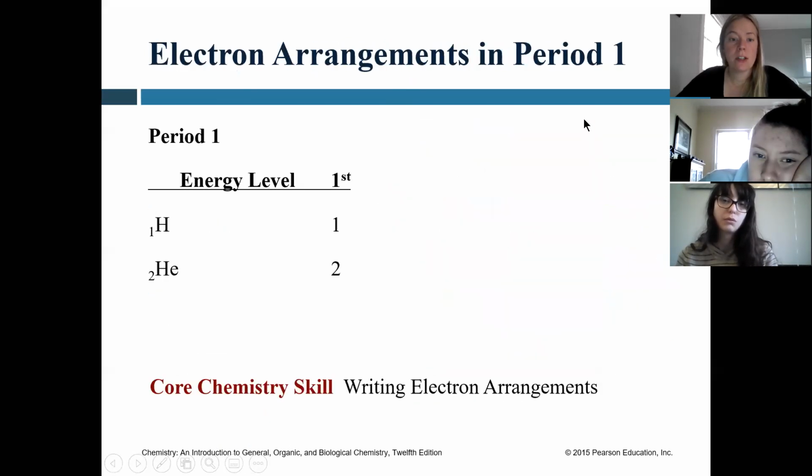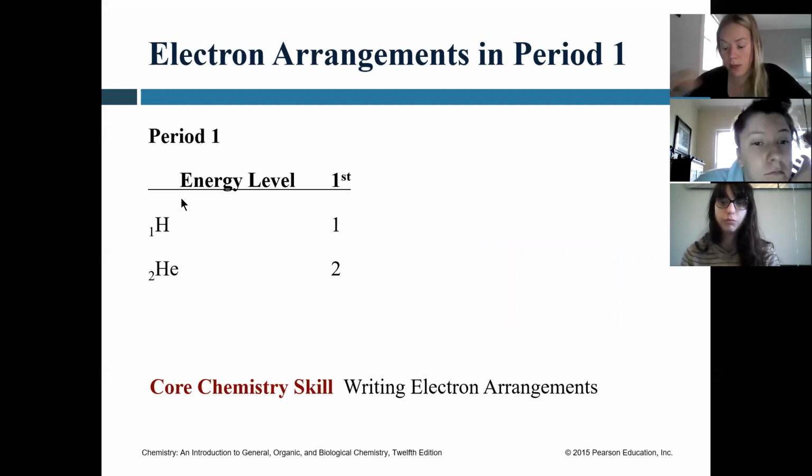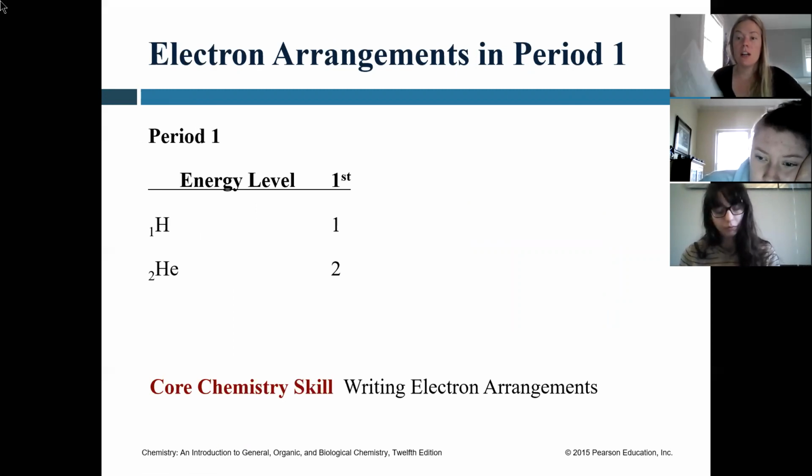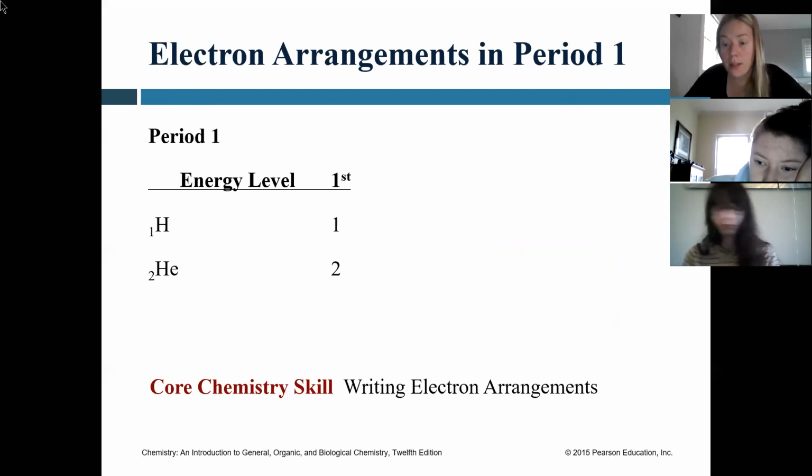Okay, so back to the electron thing. So electron arrangements, you are going to be doing some of these, very, very basic though. So for period one, now period is talking about row, okay? So period one is hydrogen and helium. So on your periodic chart, you might want to put a little 1 next to the row where hydrogen starts.